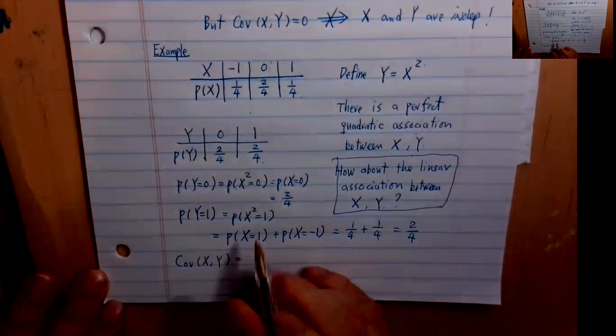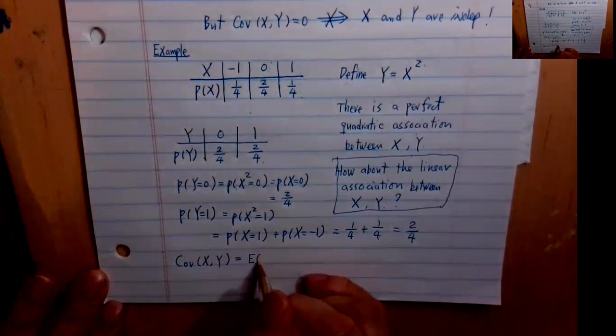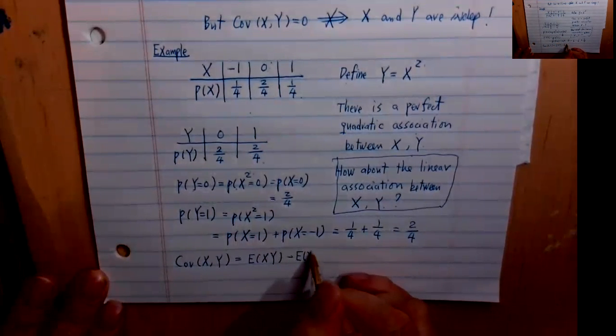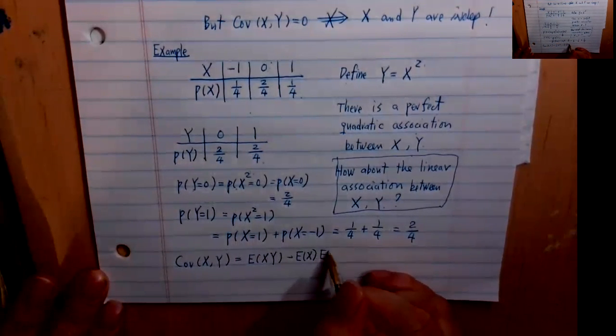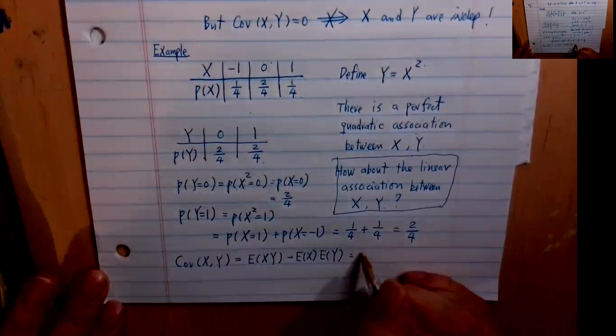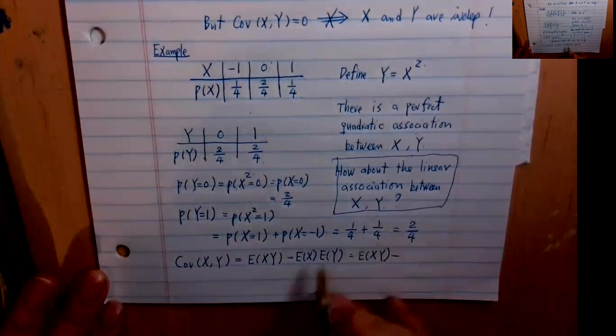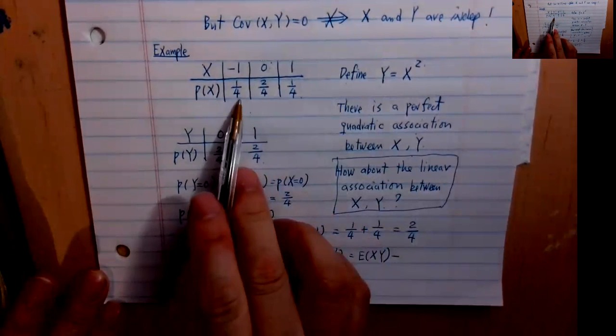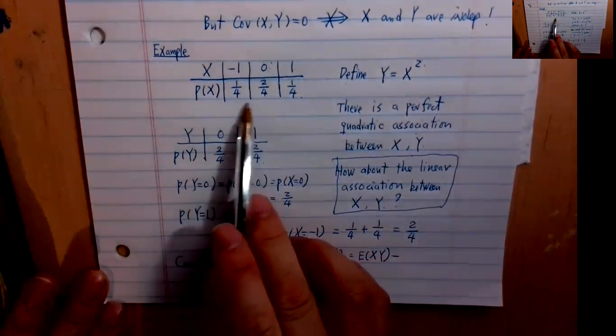By the shortcut formula, it's expected value of XY minus EX times EY. Now, what is EX? Look here, can you see EX is 0?